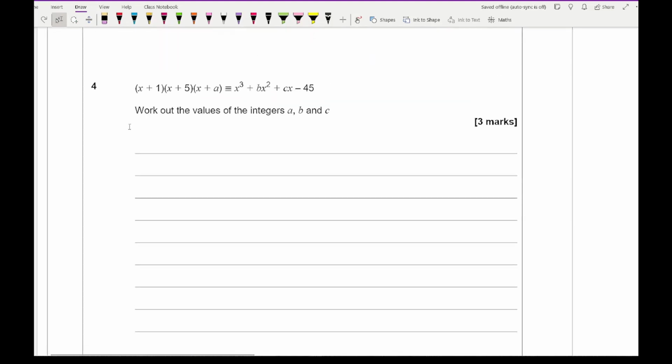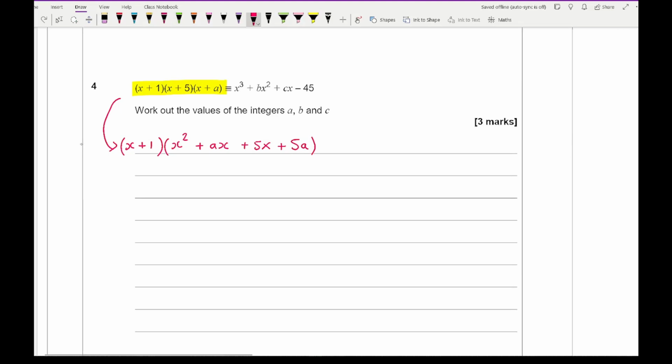Moving on to question 4. So this one's asking me to compare the coefficients. So what I want to do is expand this out first and then compare it to the right hand side. So expanding this out first, what I end up with is x plus 1, and then I'm going to end up with x squared plus ax plus 5x plus 5a.